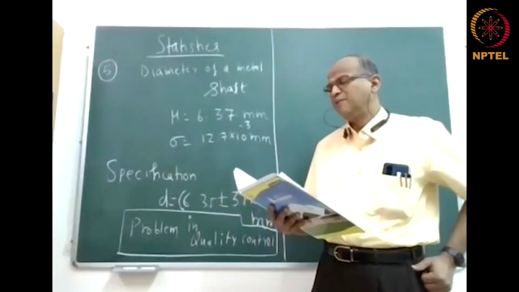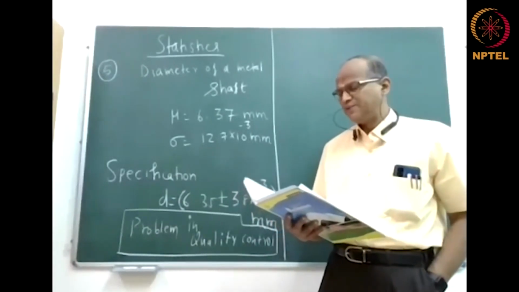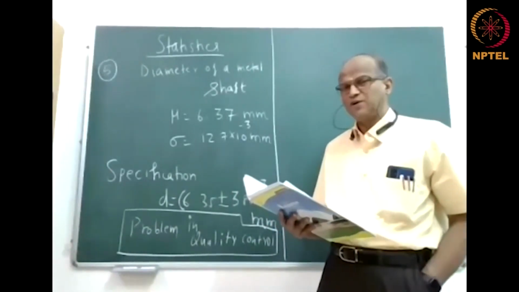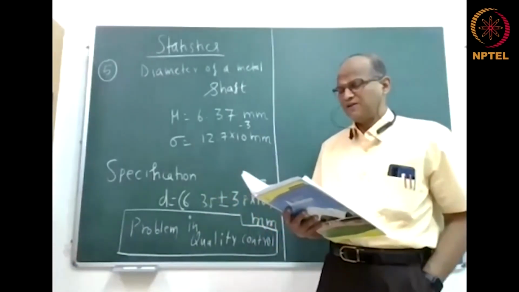All right. The diameter of a metal shaft used in a disk drive unit is normally distributed with a mean of 6.37 millimeter and a standard deviation of 12.7 micrometer.